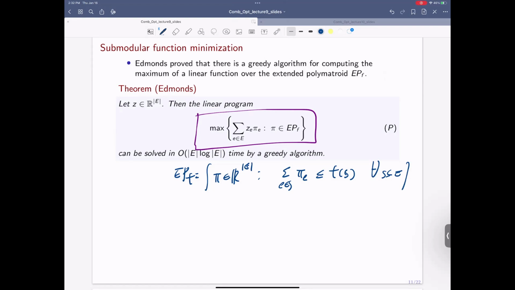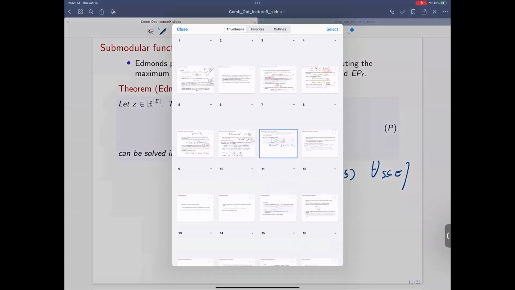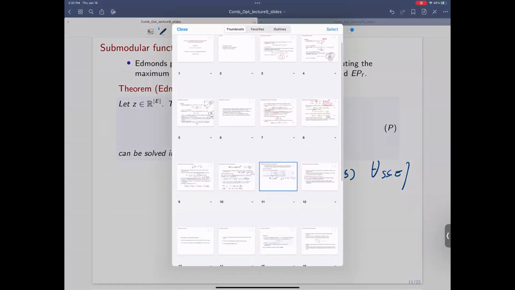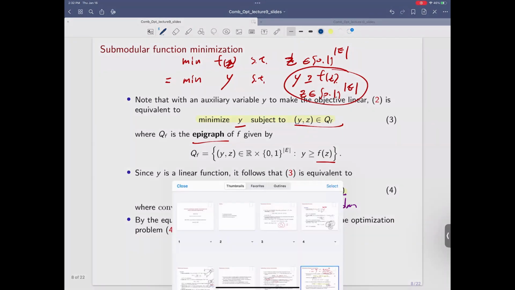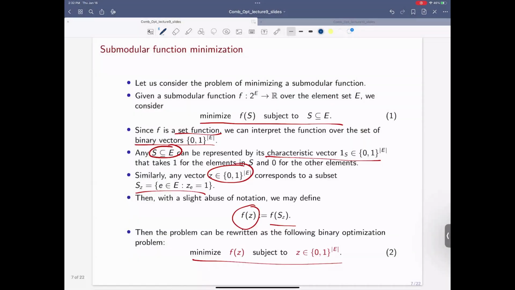Let me recap the flow. So we have this problem one, which is the initial objective. I want to find the subset that minimizes the submodular function value. In this formulation, I've written this problem in terms of a problem over the set of 0, 1 vectors.